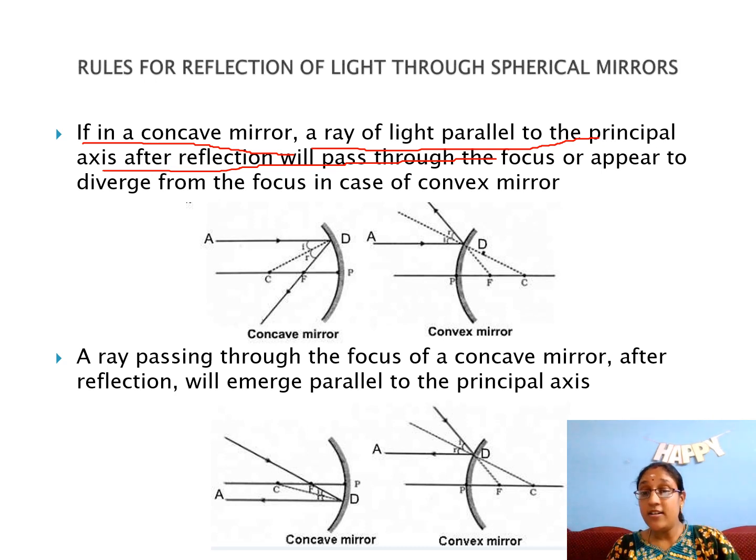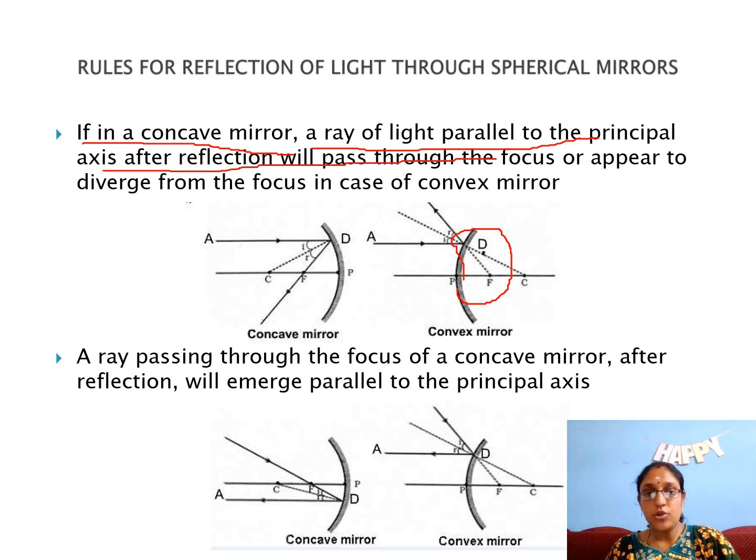But in a convex mirror, the same ray parallel to the principal axis, what happens is that these dotted lines denote that it appears to diverge from the focus. That is the difference between your concave mirror and your convex mirror.